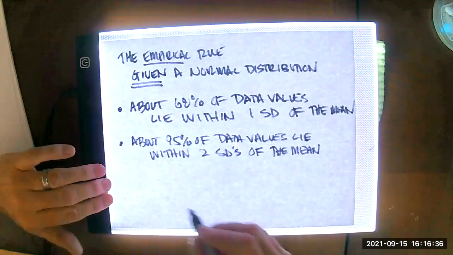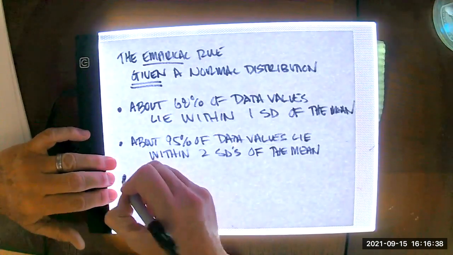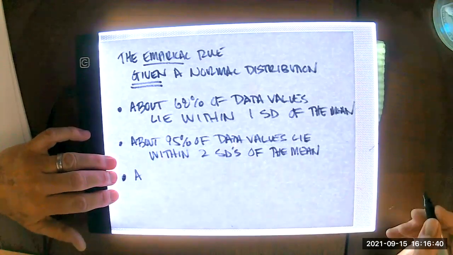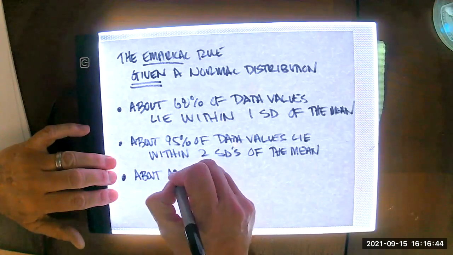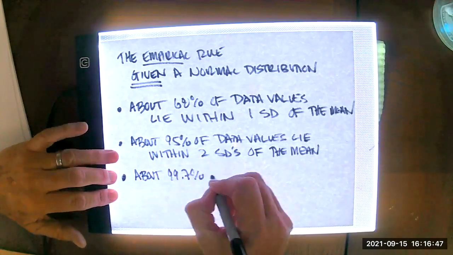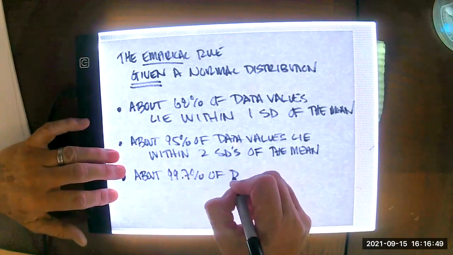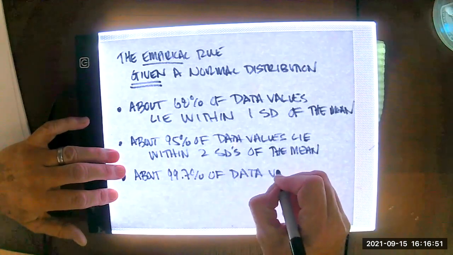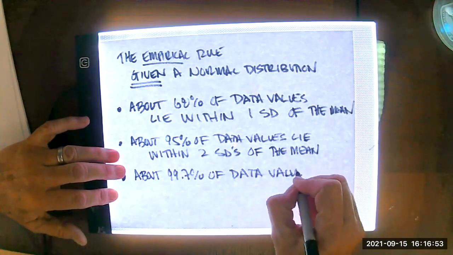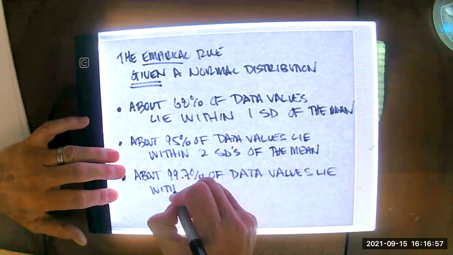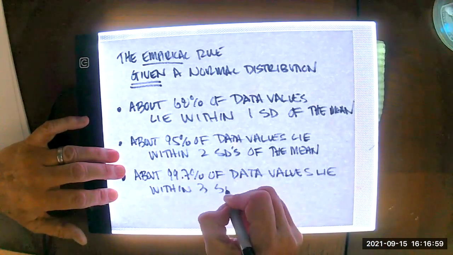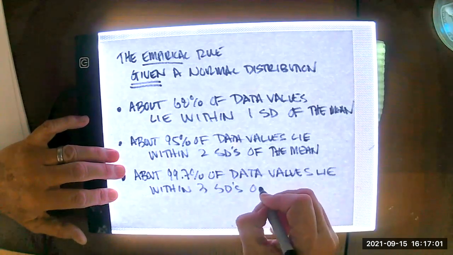We only go one more step, about 3 standard deviations. So when we take steps of 3 standard deviations, about 99.7% of data values lie within 3 standard deviations of the mean.